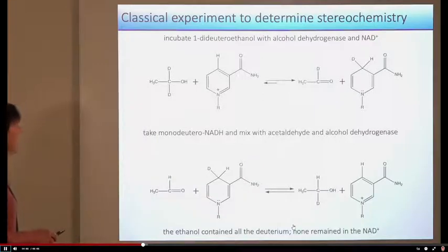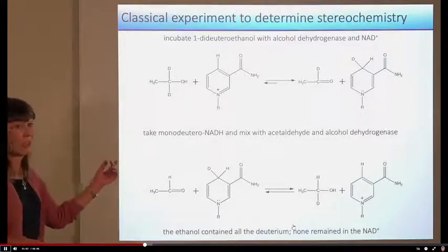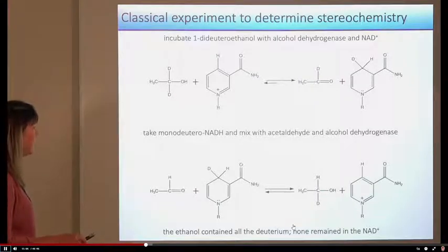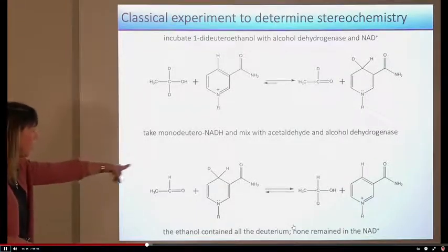So what is that? This is getting oxidized and the NAD is getting reduced. Right? This went from sp2 hybridization to sp3. This now is a pro-chiral carbon, but in this case it's actually chiral. So then they take this and they made this, and then they go back and they take the monodeuterated NADH and they mix it with acetaldehyde, that's acetaldehyde, and they push the reaction.